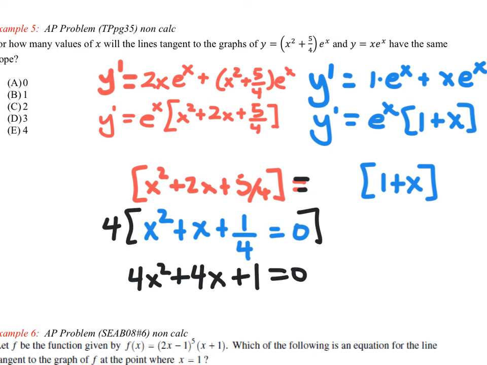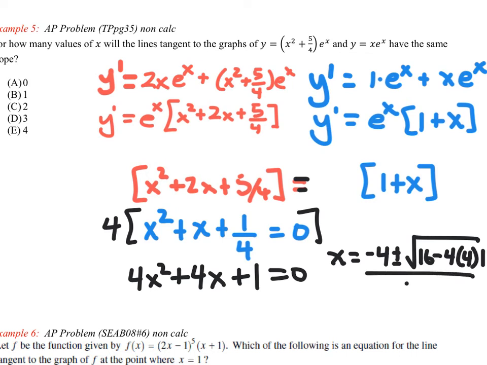I don't think I can factor that, so what I'm going to do is quadratic formula, x equals negative b plus or minus square root b squared minus 4 times a times c all over 2a.